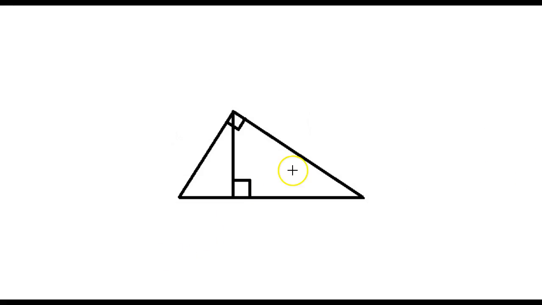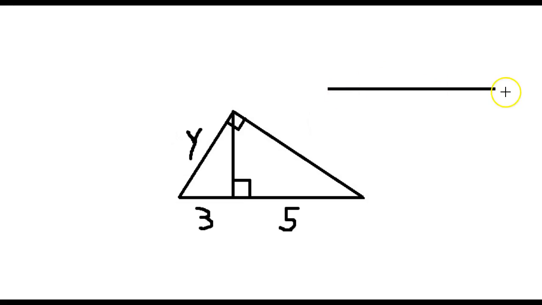And now let's suppose that we want to find the other leg of the large right triangle. So just to refresh our memory, the short part of the hypotenuse was 3, the long part of the hypotenuse is 5, and that means that the entire hypotenuse has a length of 8. And let's call the other leg y. So our third schematic includes the entire length of the hypotenuse.